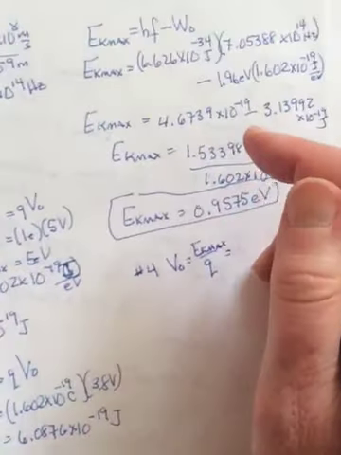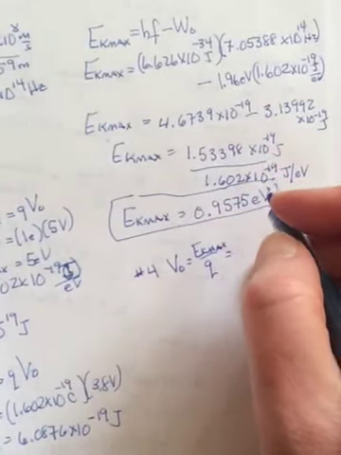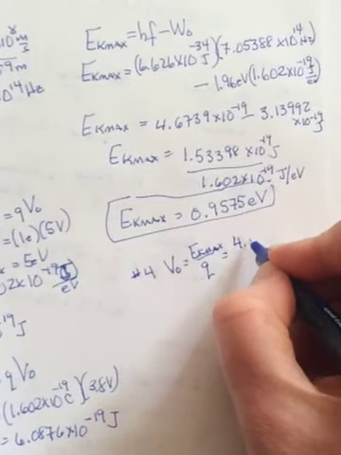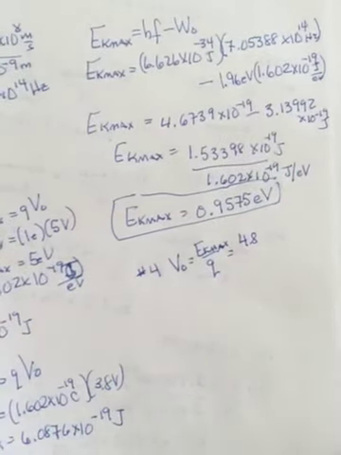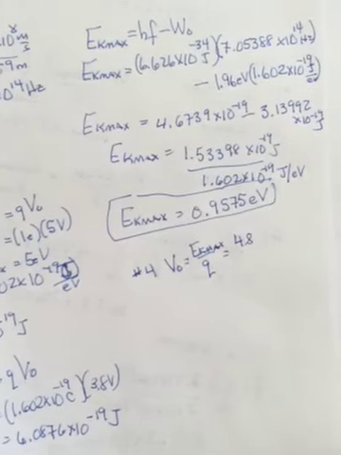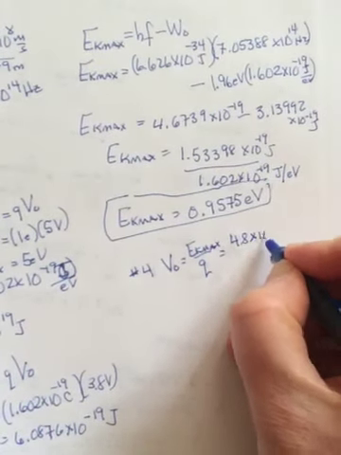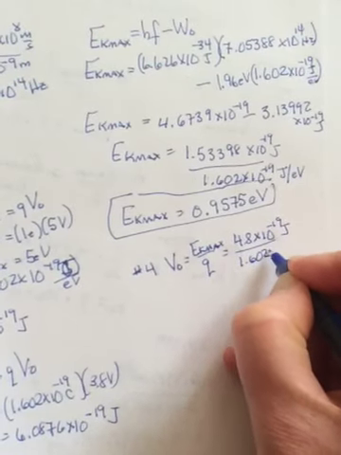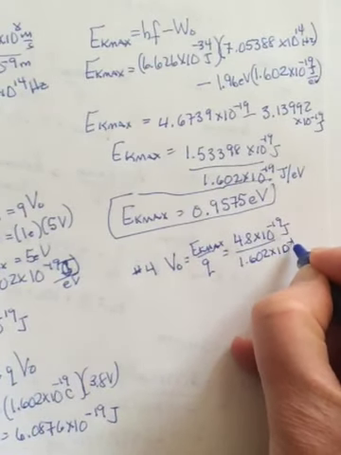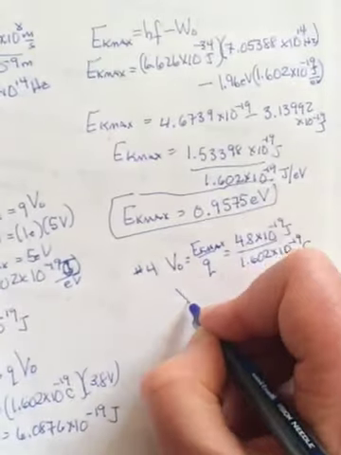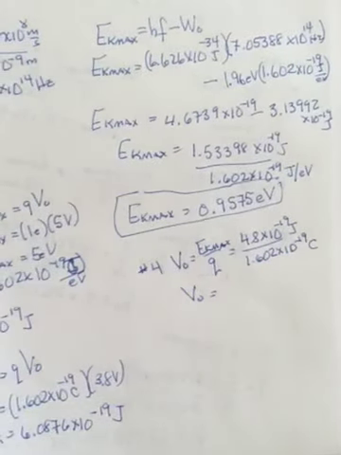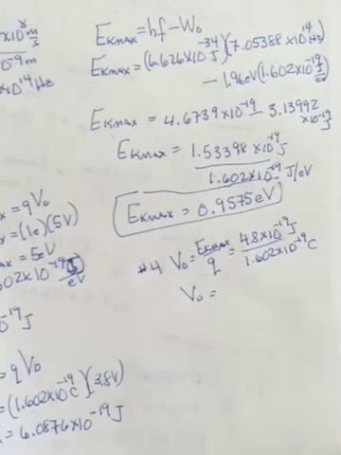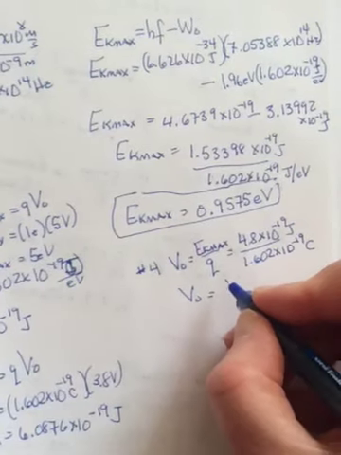So EK max was what? 4.8 times 10 to the negative 19 joules, over 1.602 times 10 to the negative 19 coulombs. VO is going to be really close to 3. 2.996 volts.